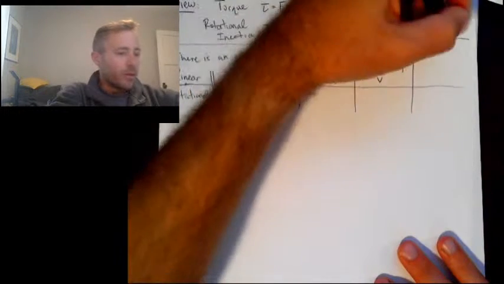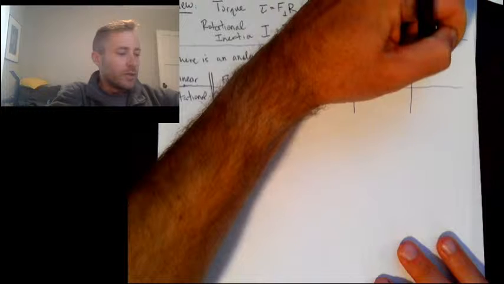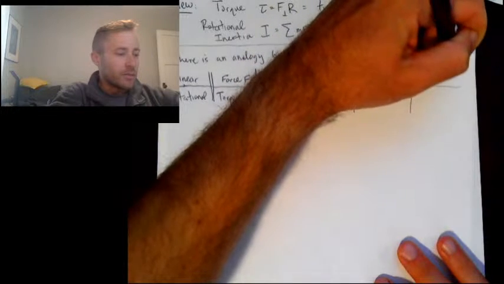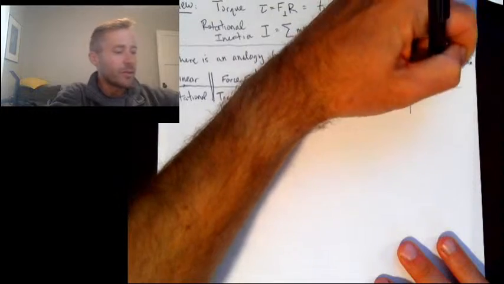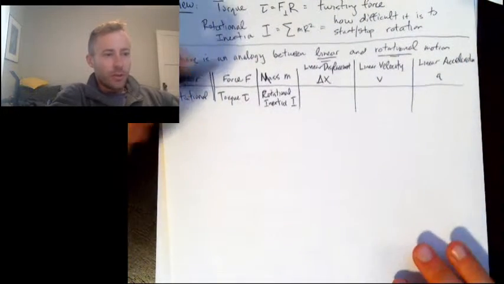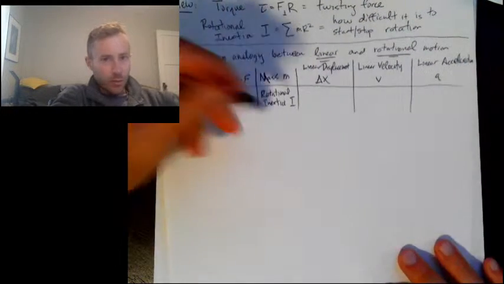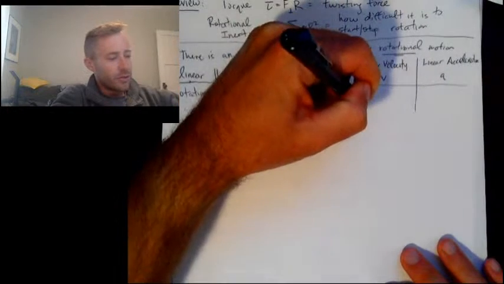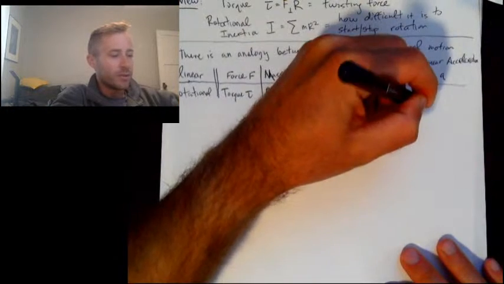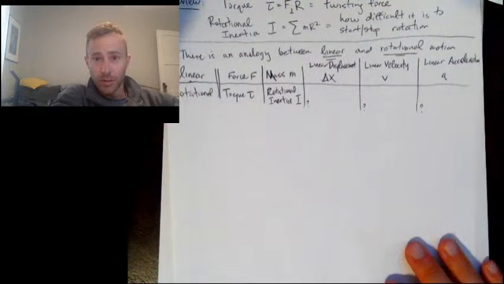And we learned about the linear acceleration, which is denoted by a. So the topic of today's lesson is what is analogous to linear displacement, what is analogous to linear velocity, and what is analogous to linear acceleration. That's what we're going to talk about today.